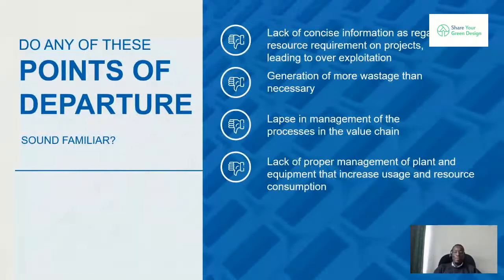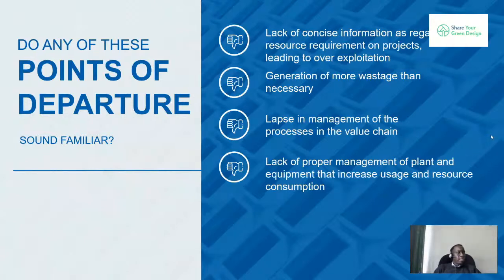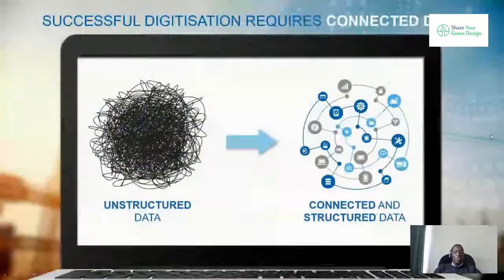If we're not properly managing our plant and equipment to optimize usage and resource consumption, there's a lot more that is consumed, a lot more that leads to losses, and also a lot more that leads to a negative impact in terms of the overall effect on greenhouse emissions and the carbon footprint on the environment.